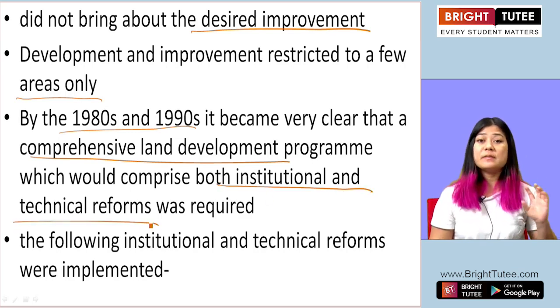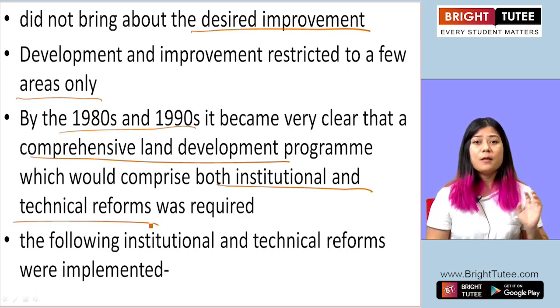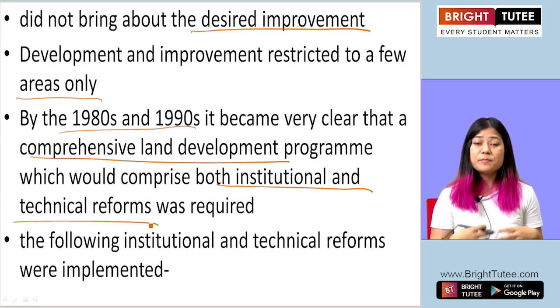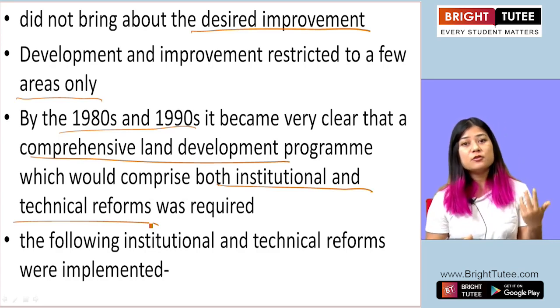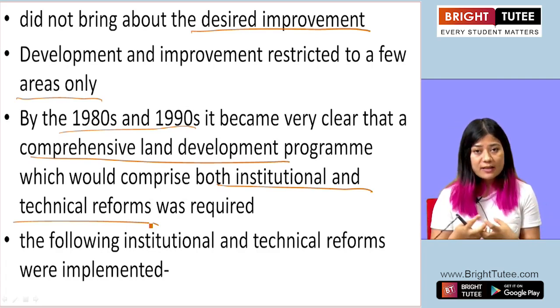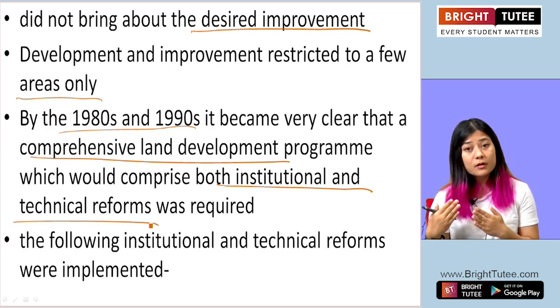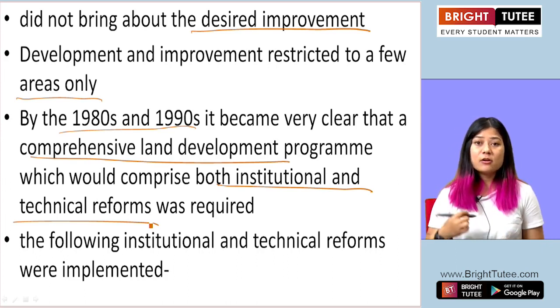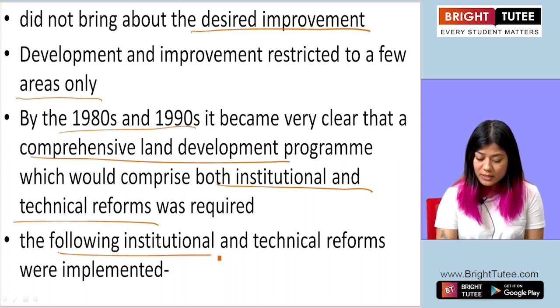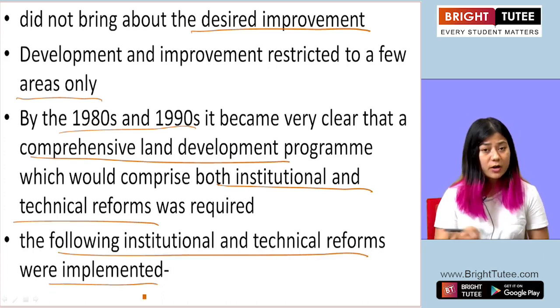It would not be policies only, it would also be technical reforms. There would be improvements in the land, and certain encouragement given to the farmers. All these needed to be done together to make sure that agricultural development took place. So the following institutional and technical reforms were implemented.